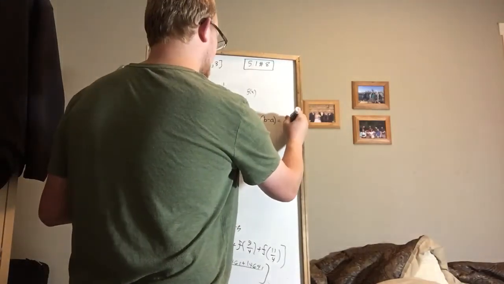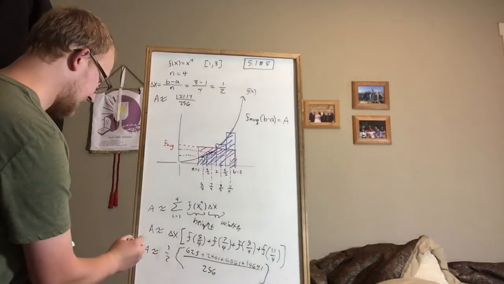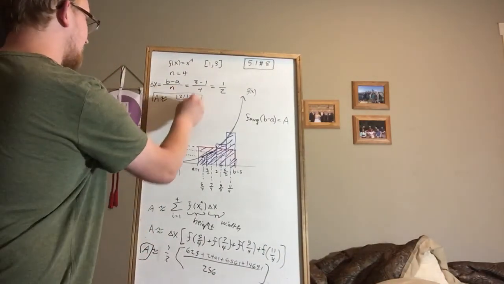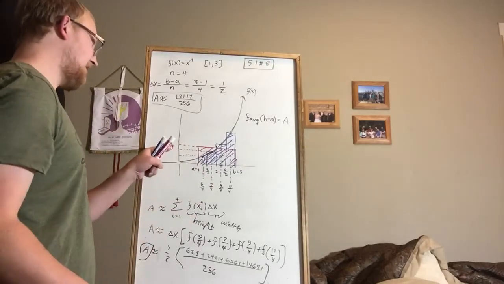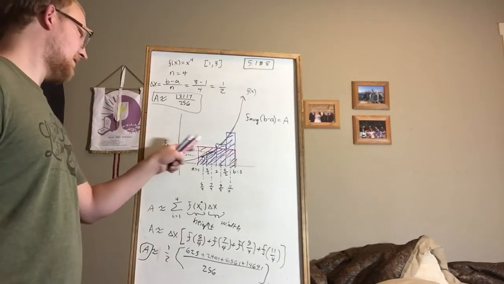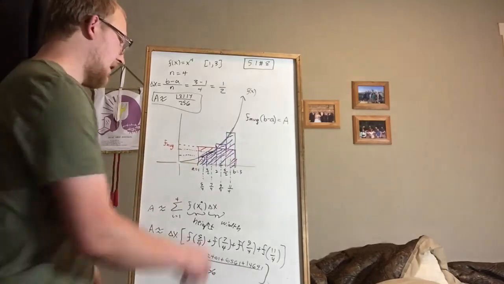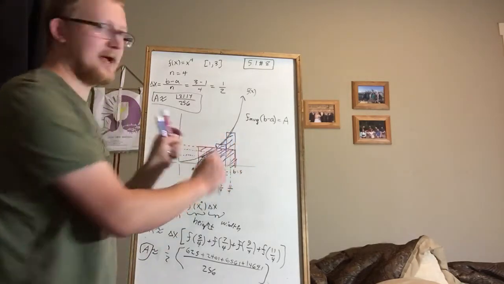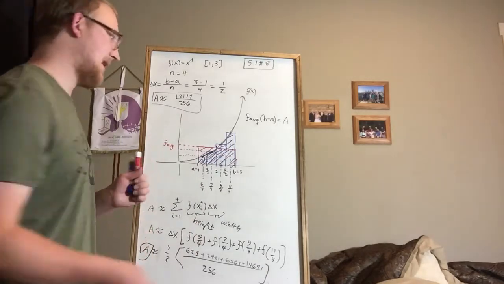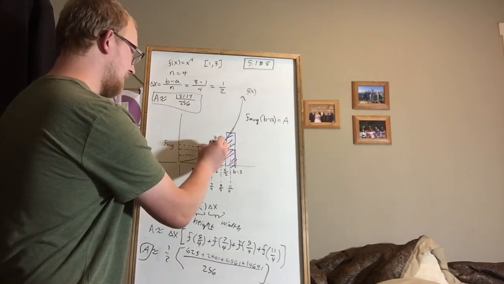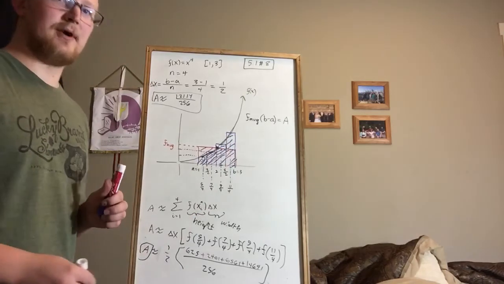And the blue area, we've calculated it to be A, right? It's this number right here. And so the idea is that if we find some value for this flat line here which makes the red rectangle's area equal the blue rectangle's area, we have actually found the average value of the function.